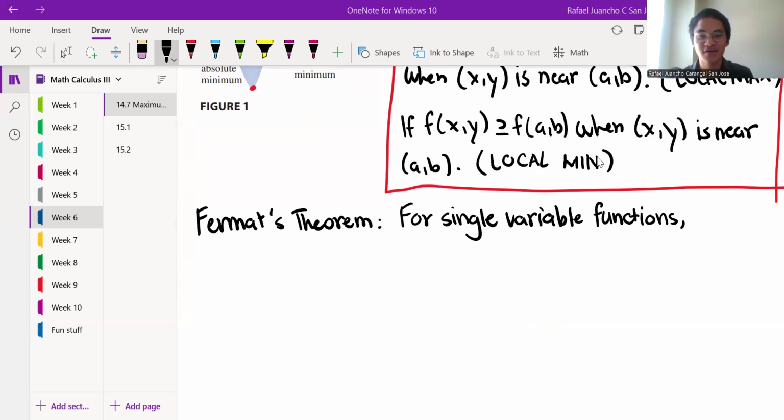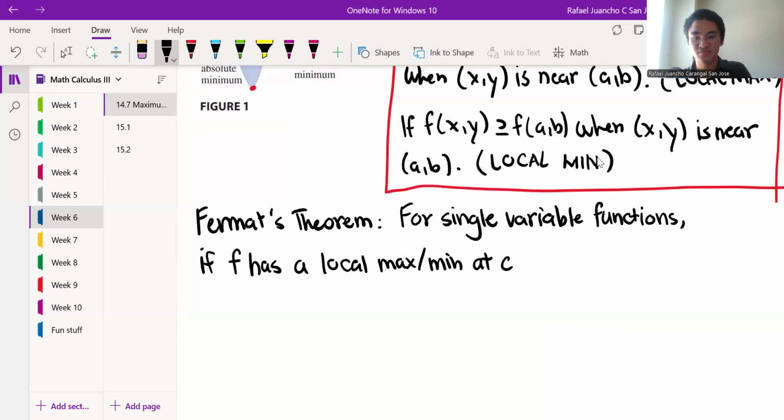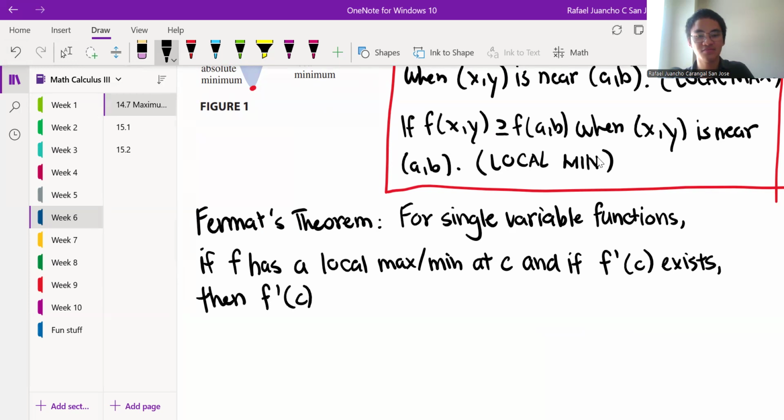Okay, here's the theorem. If f has a local maximum or minimum at some point C, and if its derivative exists, then what we defined earlier, its derivative at that point is zero, right?